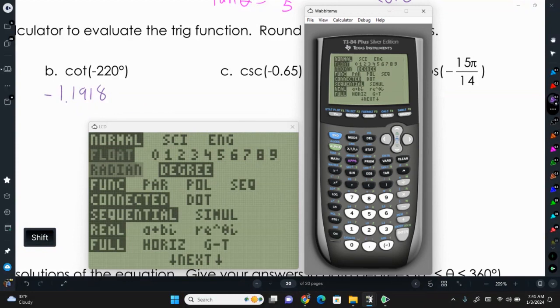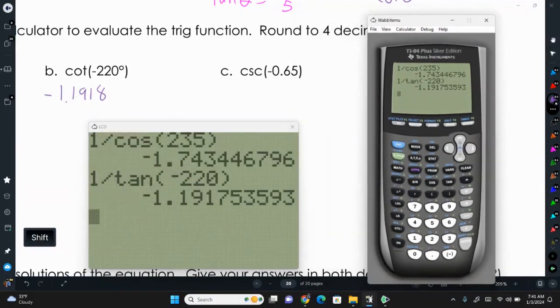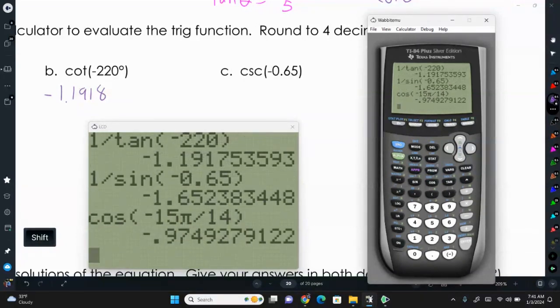So we're going to change the mode to radian and then do 1 over sine, because cosecant is 1 over sine, so 0.65. That gives us negative 1.6524. And then the cosine of negative 15 pi over 14 gives us the next value, problem for letter D.